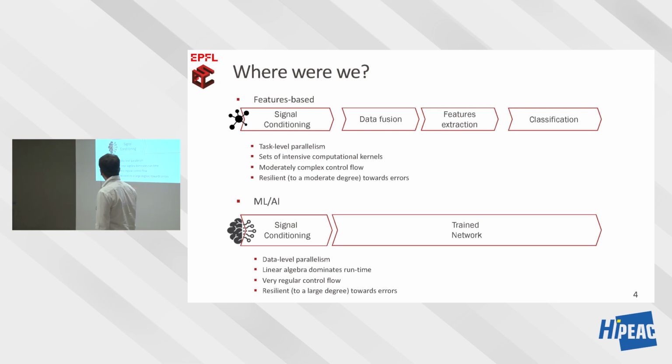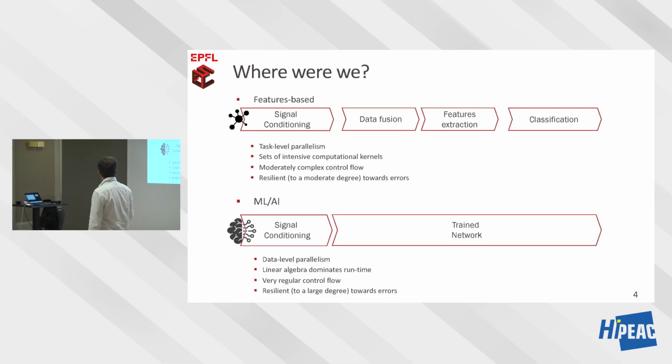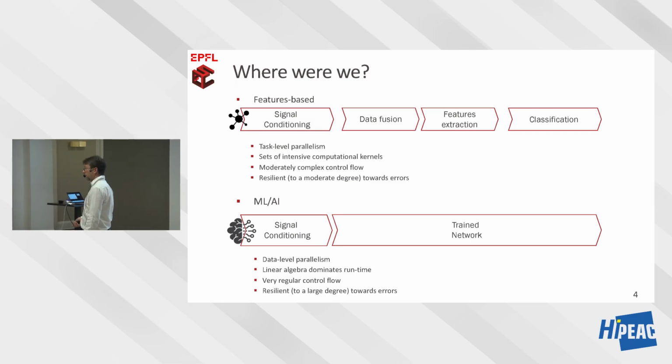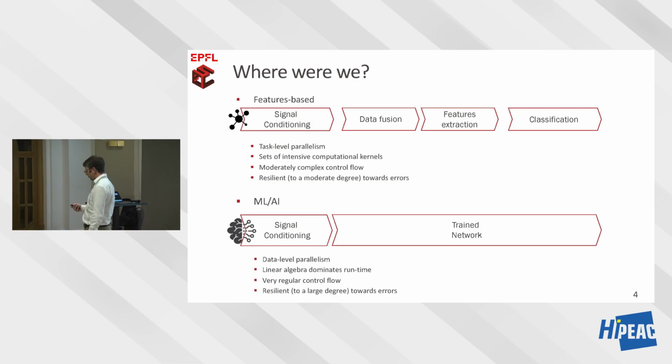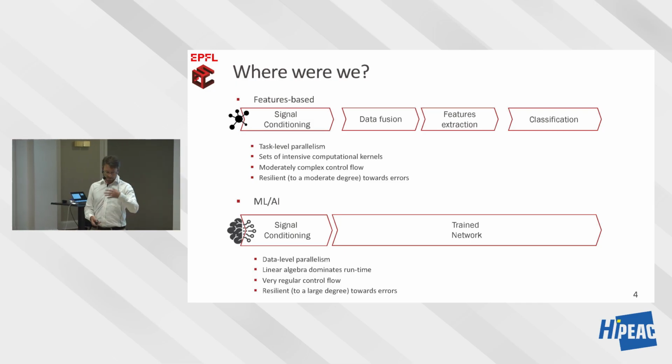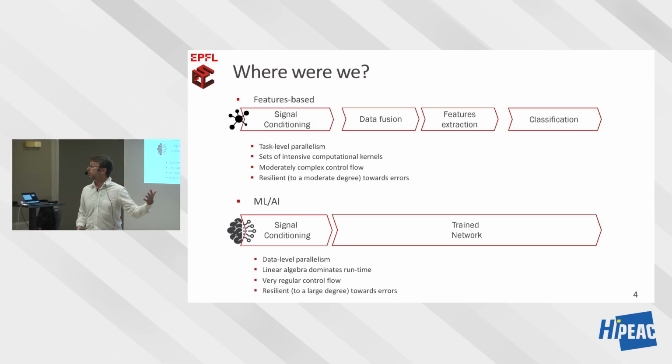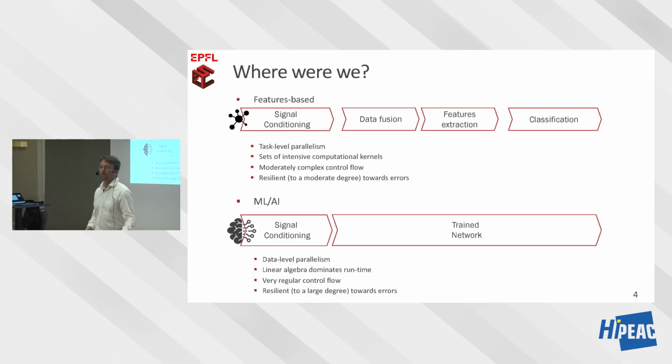And we are very much resilient towards errors. These are characteristics which can be harnessed in order to build a domain-specific architecture. In the next hour or so, I will give multiple examples of how this can be achieved.